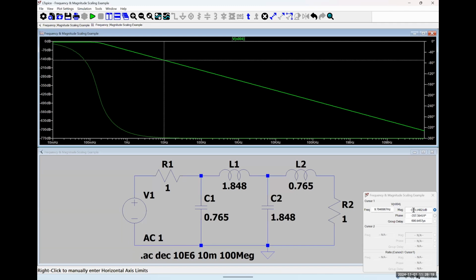So Butterworth filters are used really anywhere we want simple passive filtering. We could use this in rectifier circuits and things like that, where we just want things smoothed out.